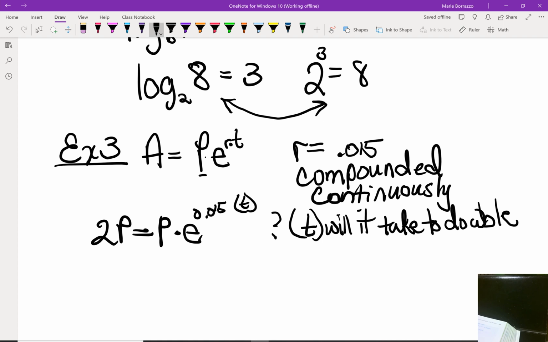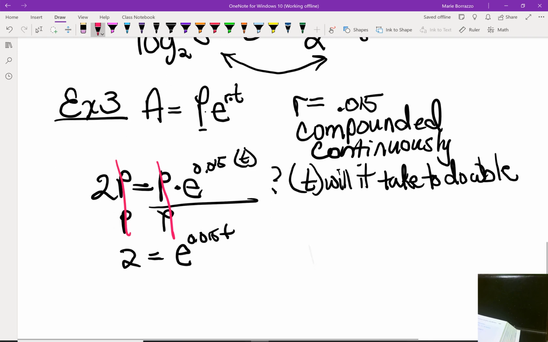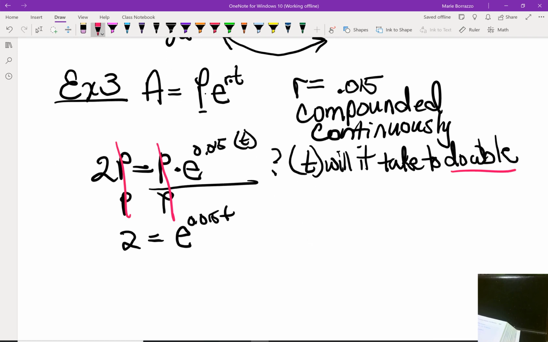First of all, you're going to divide by P, and that leaves us with 2 is equal to e raised to the 0.015 t. So this is when it doubles. Because we don't have the same base on either side of the equation, we're going to take the natural log on either side. And now we're going to solve.